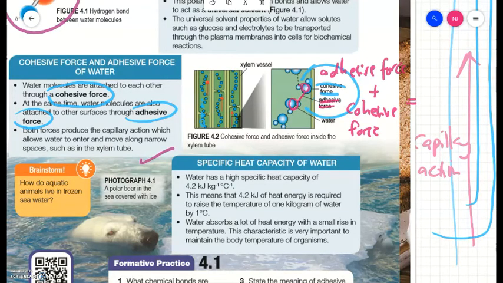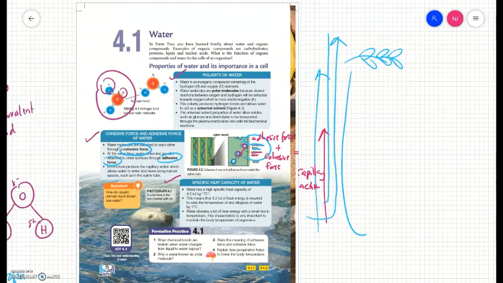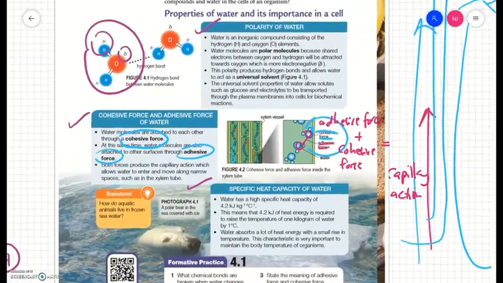Water has a high specific heat capacity. Okay, what is specific heat? Specific heat capacity means what amount of heat is needed to raise the temperature.